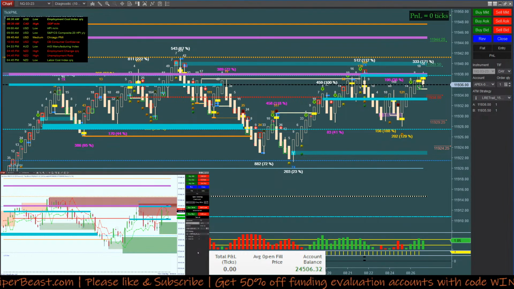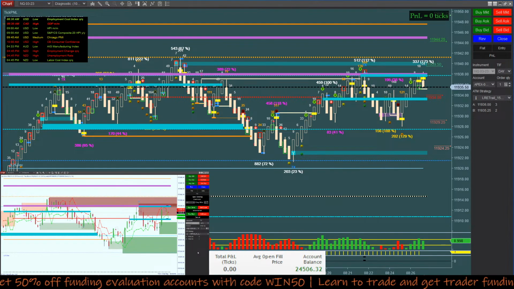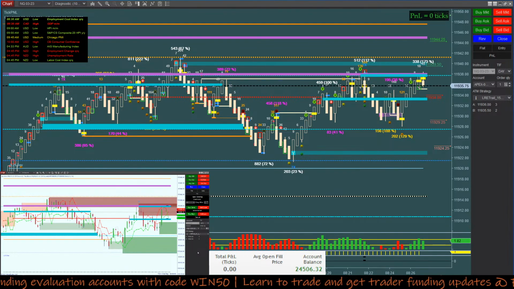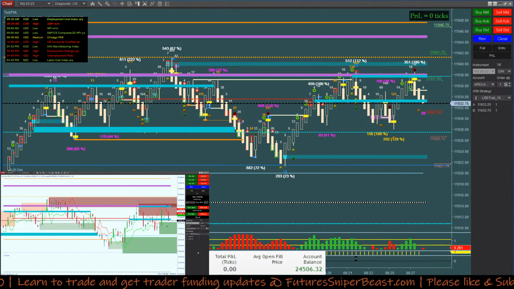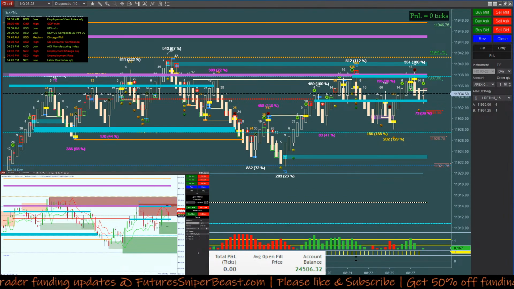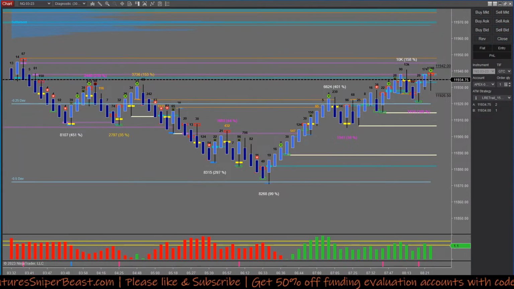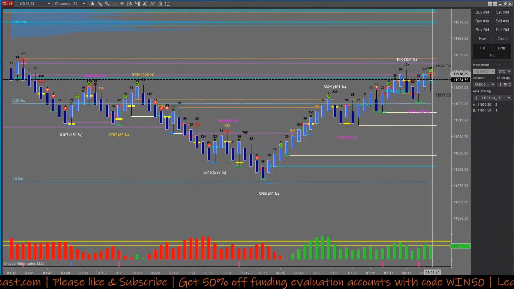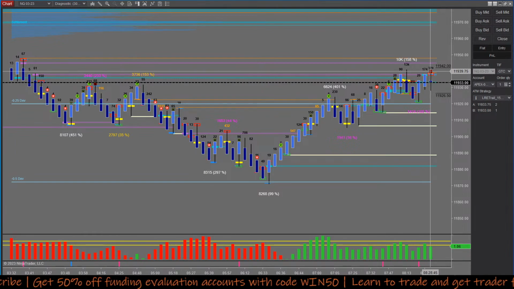Double cluster NQ. We have this potential exhaustion box with trapped orders and absorption X going on here.